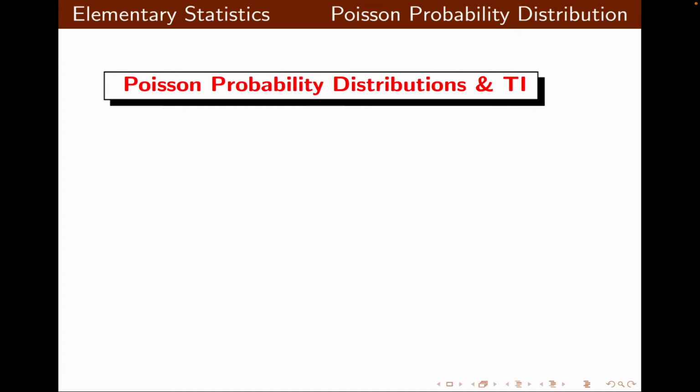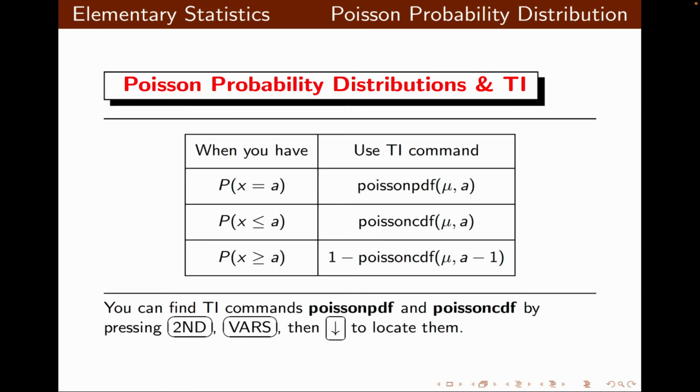Now let's look at how to find Poisson probability distribution using our TI calculator. If we have probability that x is equal to a, we use Poisson PDF. It takes two entries. The first one will be the mean, and the second one will be the value of x, in this case a.